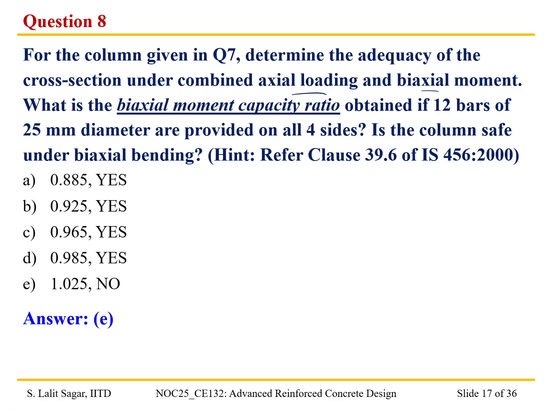So let me perform a part of the calculations over here. We have 12 bars of 25 mm diameter, right? So Asp is equal to pi by 4 into 25 square multiplied by 12. What is the area that is provided?